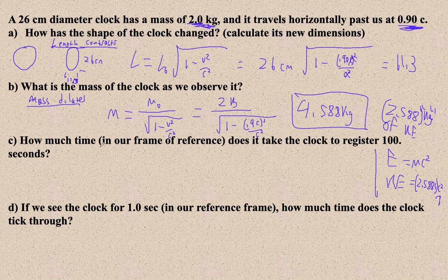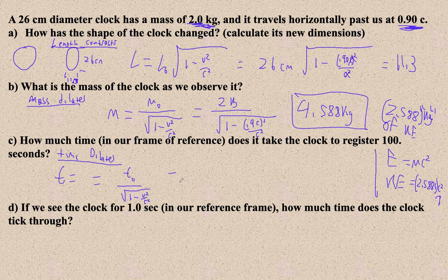All right. How much time in our frame of reference does it take the clock to register 100 seconds? Well, it's going to take longer. The clock is ticking slower, so it's going to take more than 100 seconds. Time dilates, so t is equal to the time over the square root of 1 minus v squared over c squared.